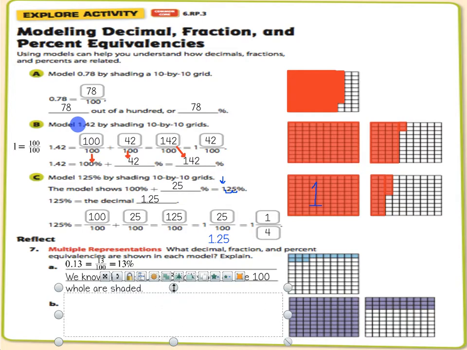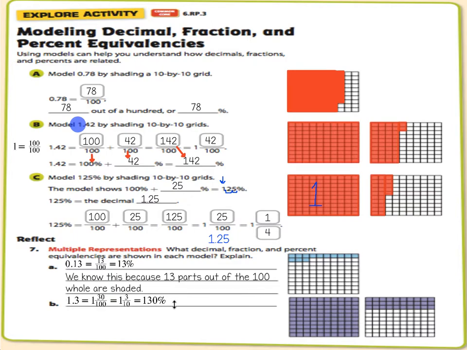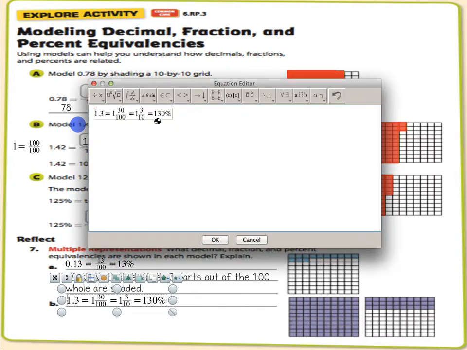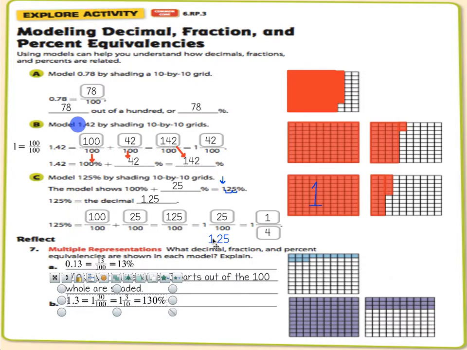On my next one, I have 1 3/10. Now, I'm actually going to write this as 1 30/100, which is the same thing as saying 1 3/10. Okay, because here I have, again, one whole group. Since I have this one whole group right here, it has to go in front of the decimal because I have one full group of 100.